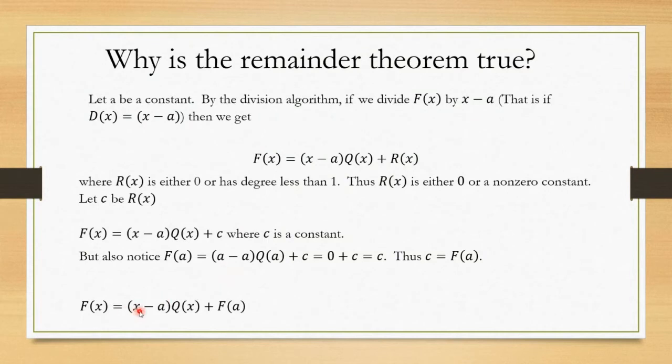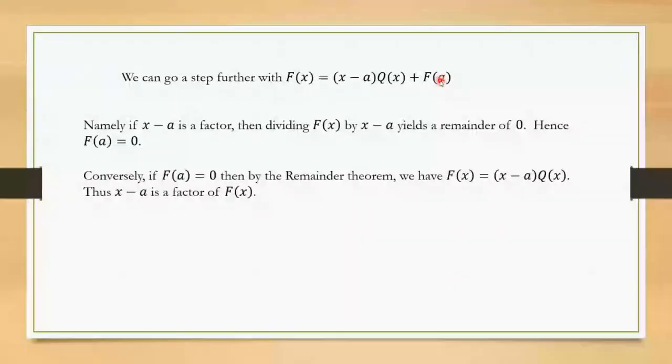So in this case, we could figure out easily what the remainder is, almost like without dividing. That's what the remainder theorem says. And that actually gives us some more important information, taking this a step further. Namely, if this f of a happens to be 0, as in the second line here, then we have this equation.